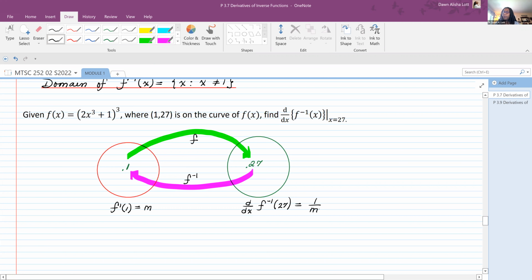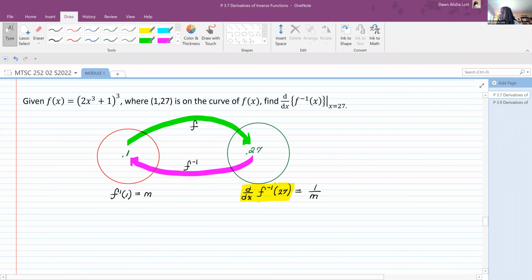So the work, although we're trying to find this over here, starts by looking at f. The first thing I need you to do is find f prime.